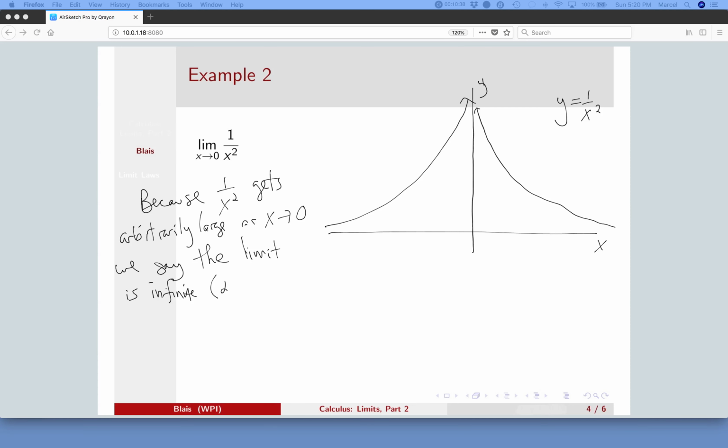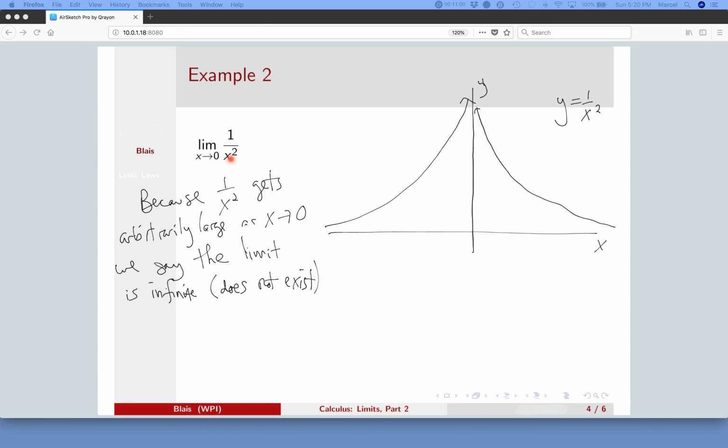Now, that's a special case of the limit not existing. So there is no limit. According to the limit definition, there is no limit. But we do often say that in this case, the limit is infinity because you have different ways that a limit cannot exist. And this is a case where we have this infinite issue.